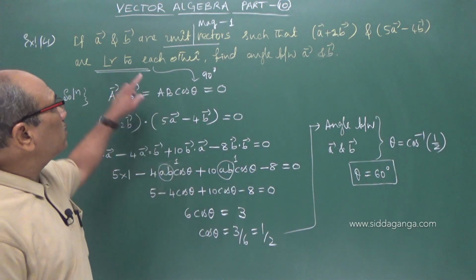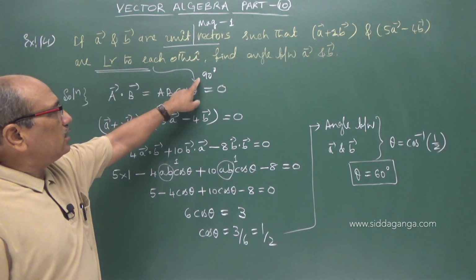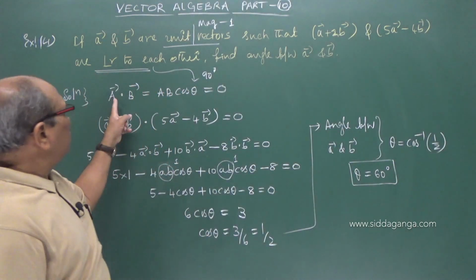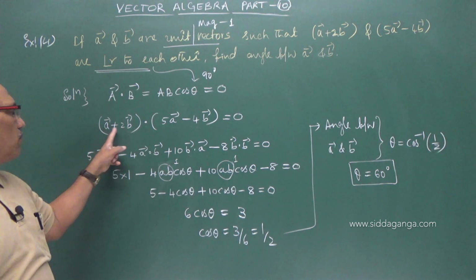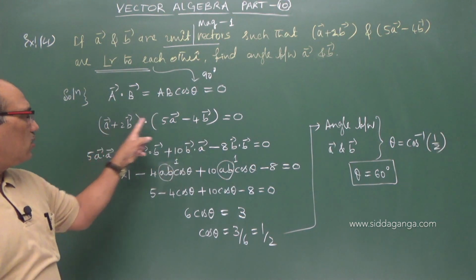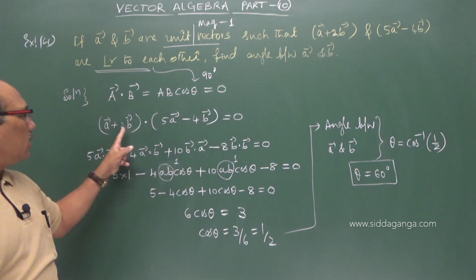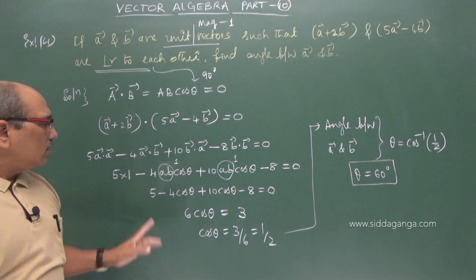So here, theta is 90 degrees, so the dot product of these two should vanish. A dot B, we have taken as AB cos theta. A plus 2B, 5A minus 4B: A dot A, A dot B, and B dot A, B dot B are taken.